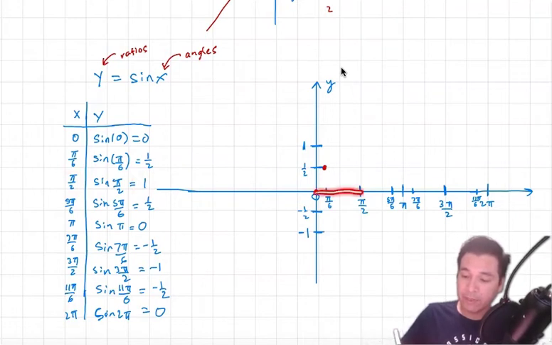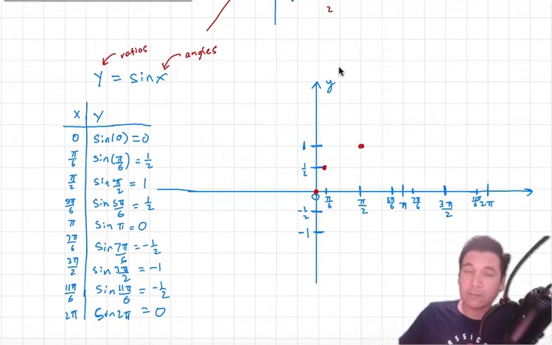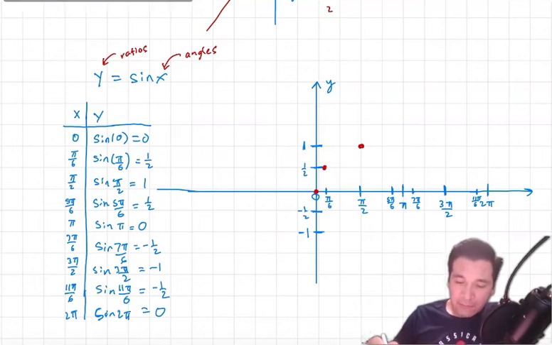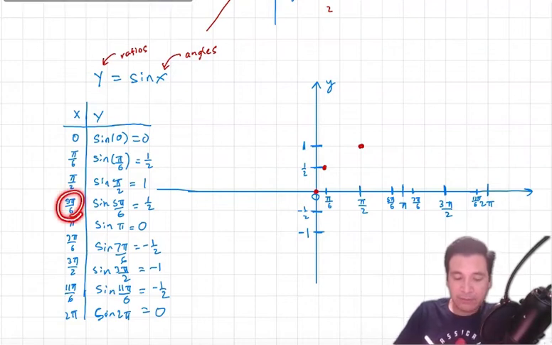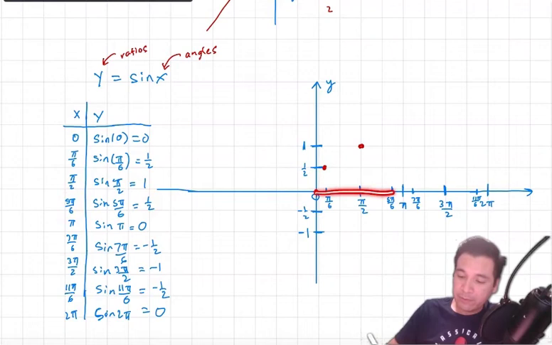So we go right pi over 2 and then up 1. All right, just moving on now. At 5 pi over 6, it's positive 1/2. So we go to 5 pi over 6 and then up positive half.